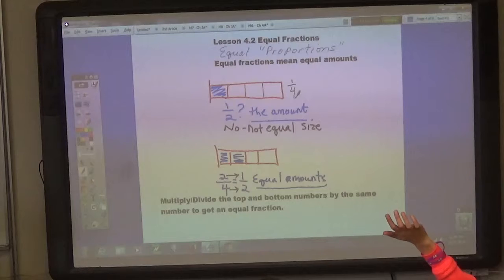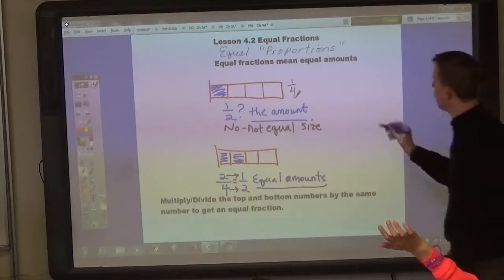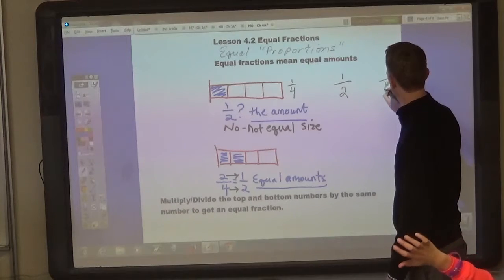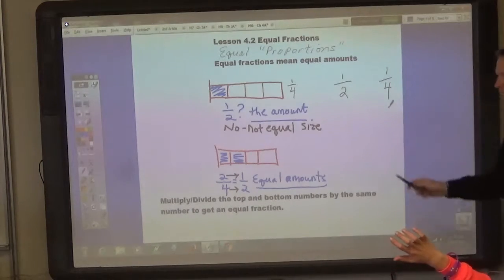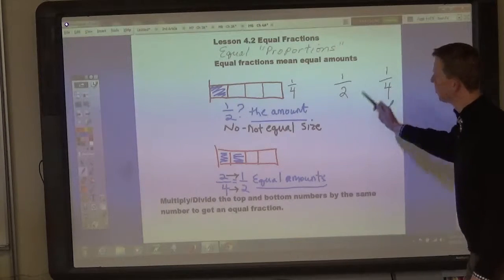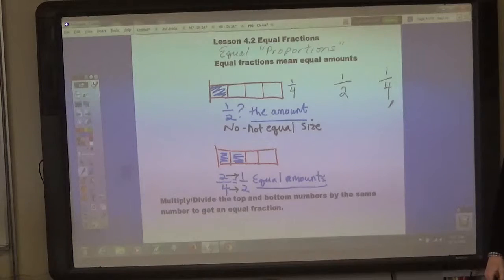How do you know? If they both have one piece, are those equal amounts? They're not equal, but the 1 is equal. It's 1/2. It would have to be 2 instead of 1 because... I don't know how to explain it. Yep.